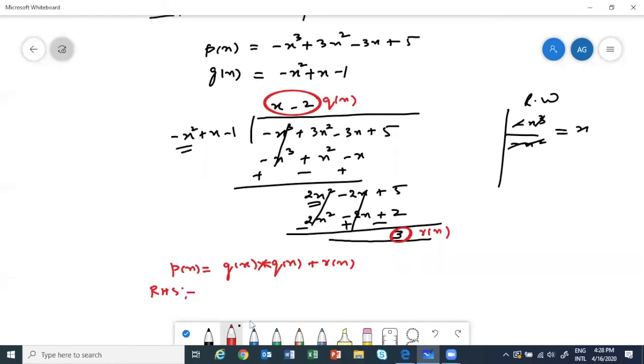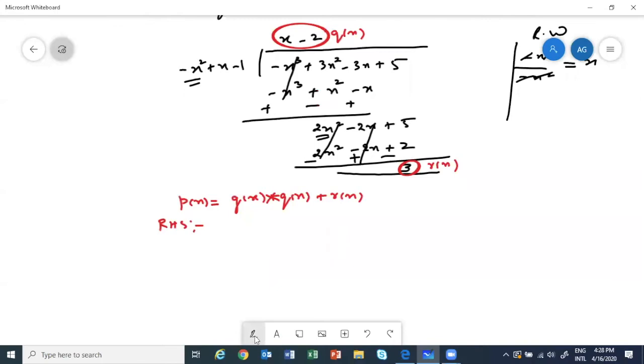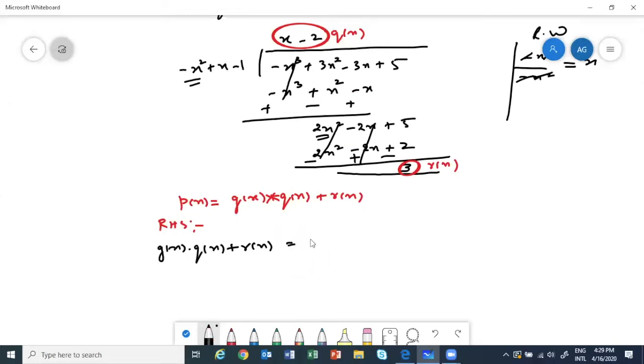So let's solve it. Substitute the values. We will do G(x) into Q(x) plus R(x) and see if we get P(x). So G(x) is minus x square plus x minus 1 into, what is Q(x)? x minus 2. Okay. And then what is R(x)? 3.